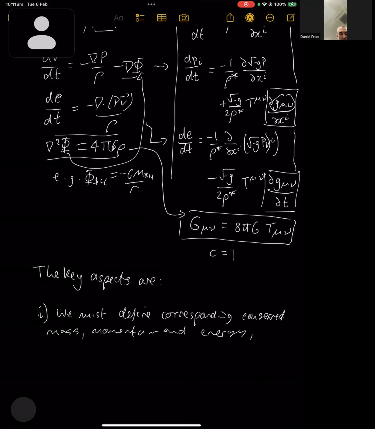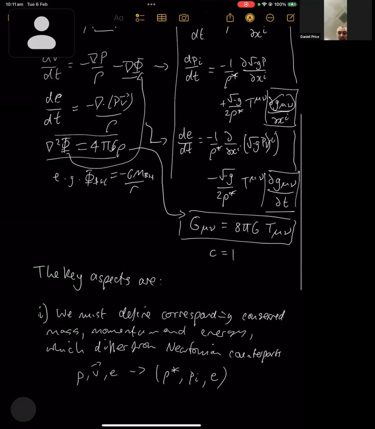Okay, and in GR, these are different. So these differ from the Newtonian counterparts. So where we had density, velocity, and energy before, now we have these things that I've called rho star, momentum, pi, and energy.